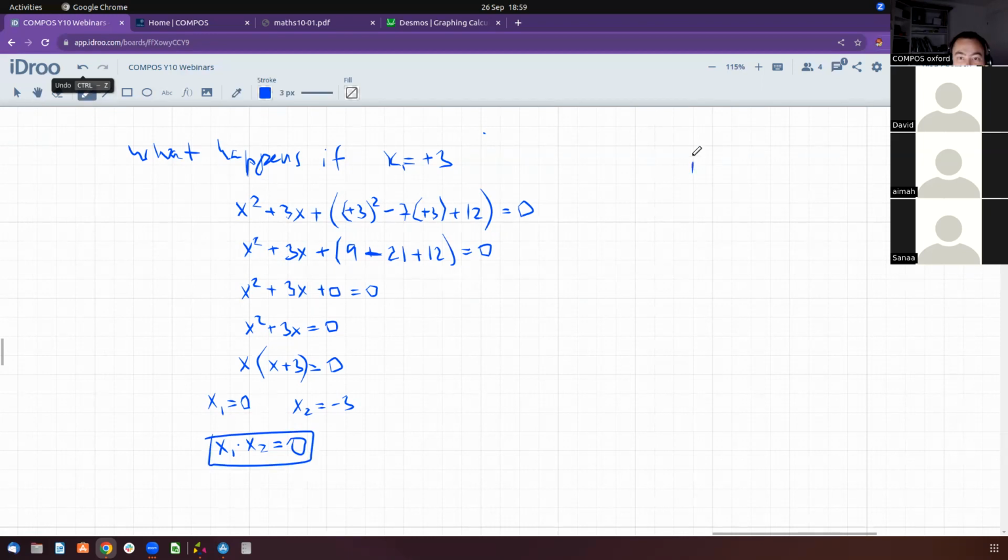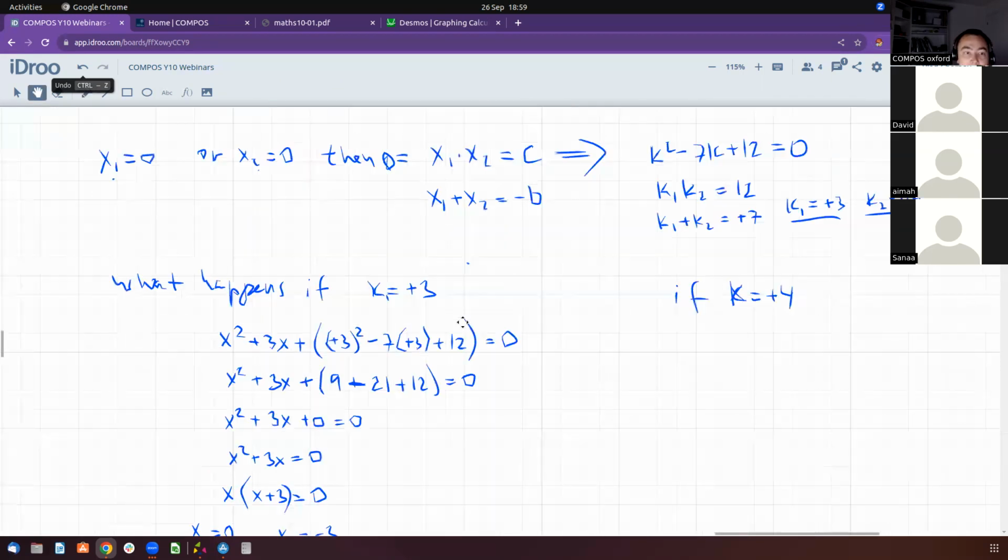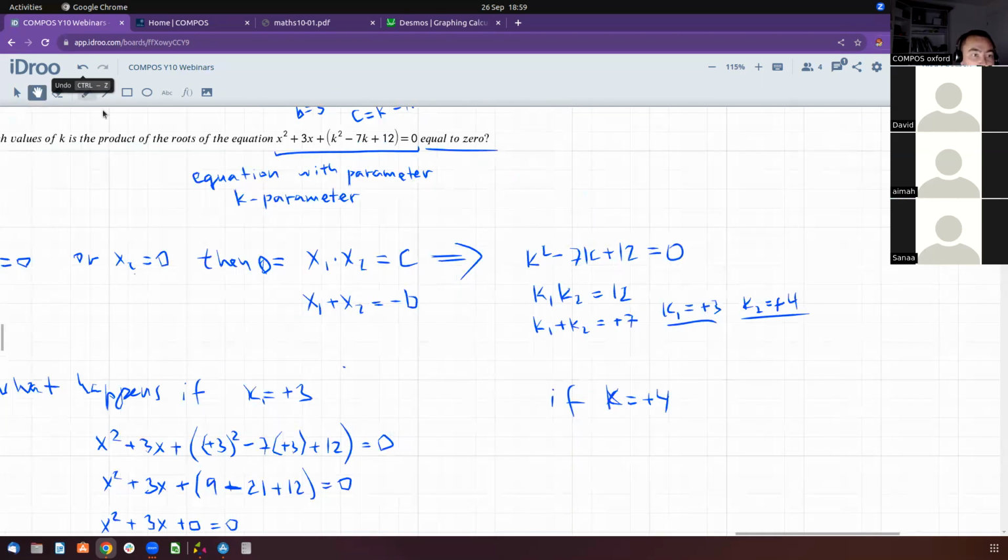What happens if k is plus 4? That's the other solution. If k is plus 4, it's going to be x squared plus 3x plus 4 squared minus 7 times 4 plus 12 equals 0.